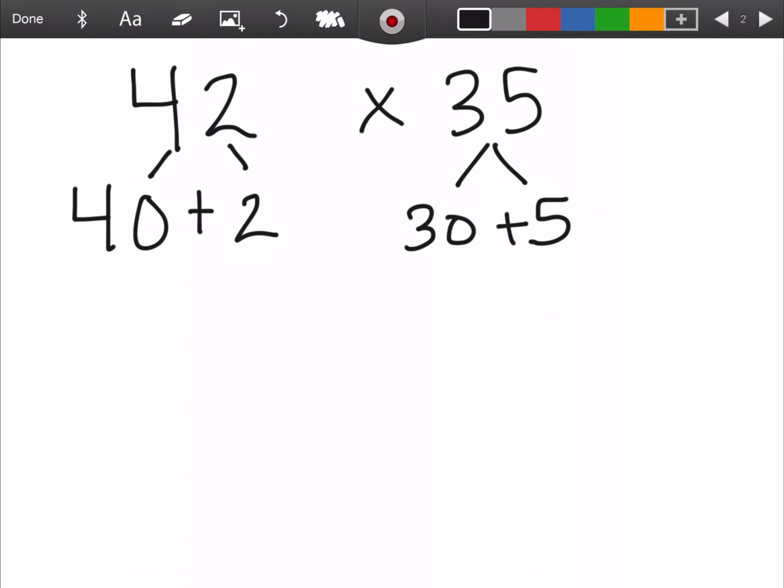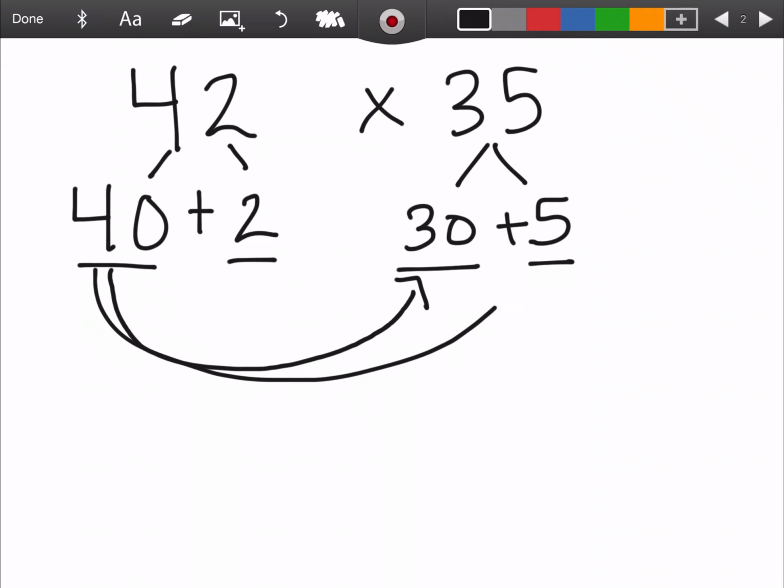Now, instead of just multiplying the 40 and the 5, we actually have to make sure that we multiply all 4 of these digits. So 40 needs to be multiplied by 30, and 40 needs to be multiplied by 5, and then the 2 needs to be multiplied by 30, and the 2 needs to be multiplied by 5. I'll show you what I mean.